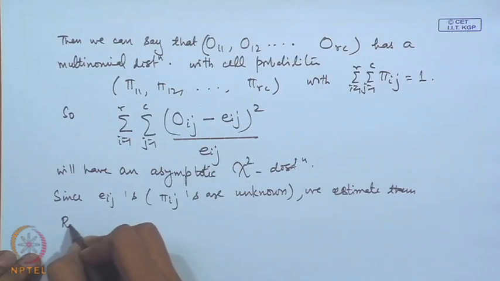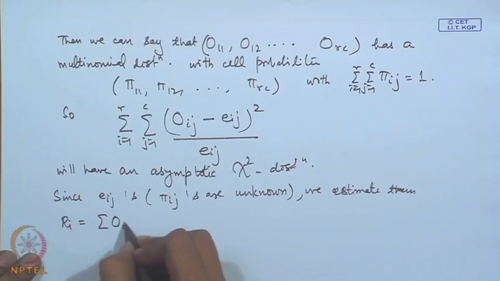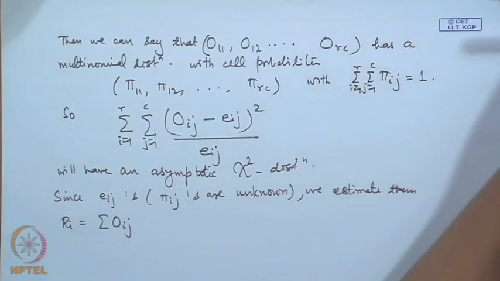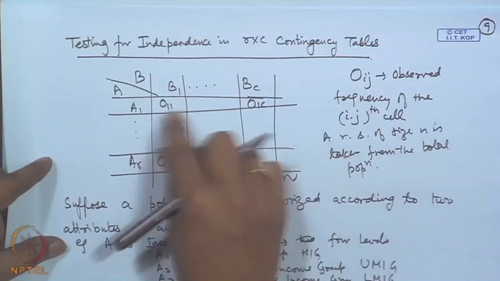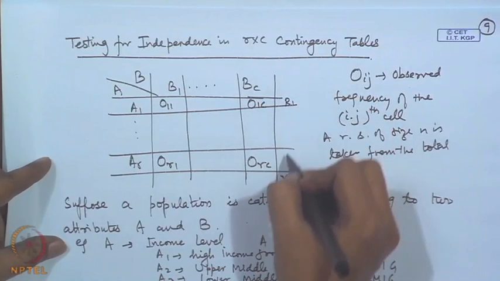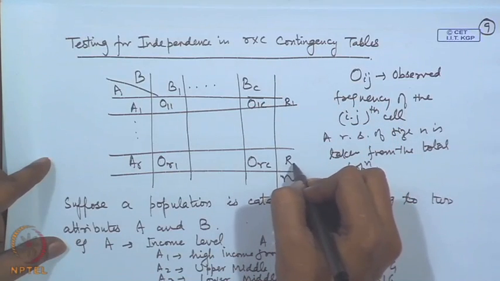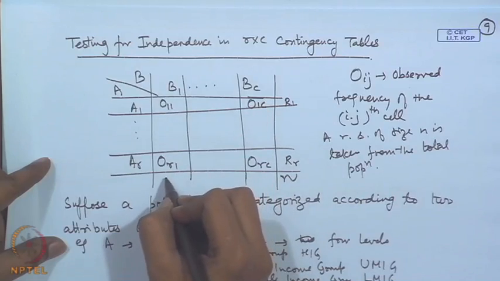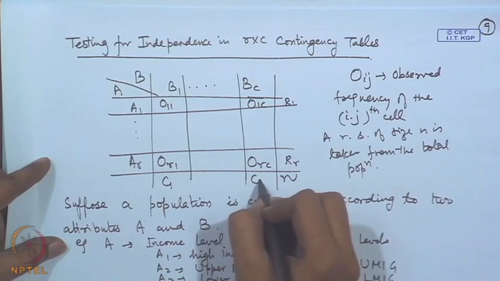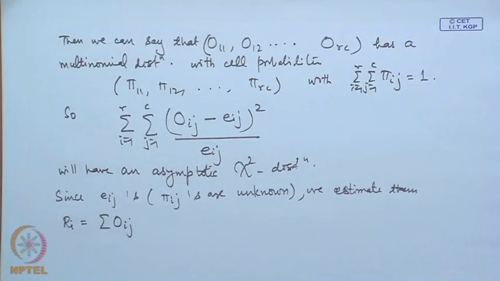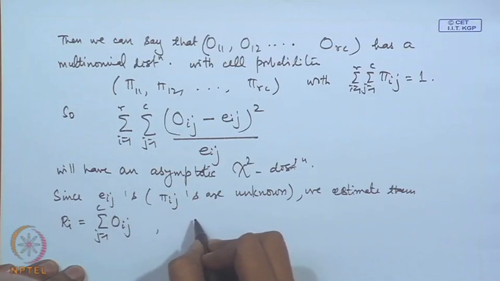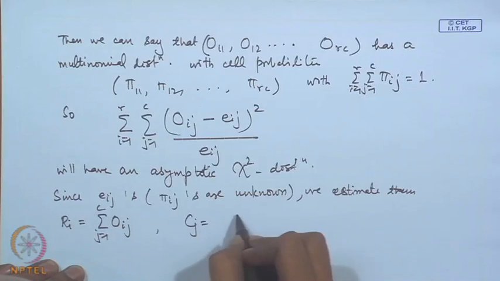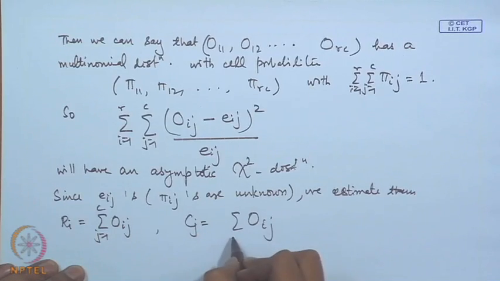You can consider R I equal to sigma O I j, that is the totals on the row side. If I add here, I call it R 1 and so on, R R, and on this side if I add, I call it C 1, C 2, C C, that is the row totals and column totals. J is equal to 1 to C, and C j is equal to sigma O I j, I equal to 1 to R. Okay.